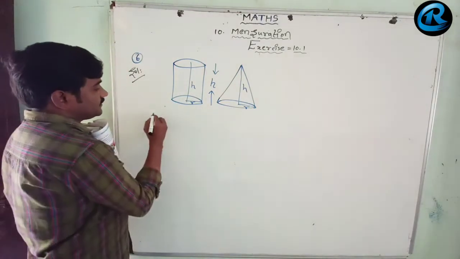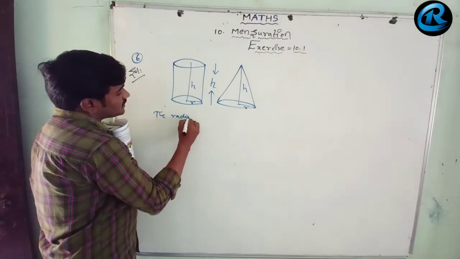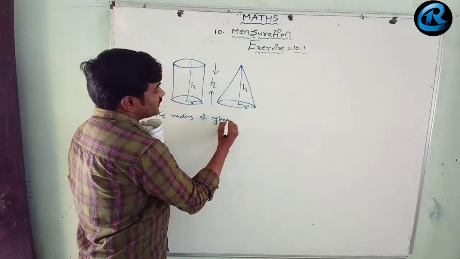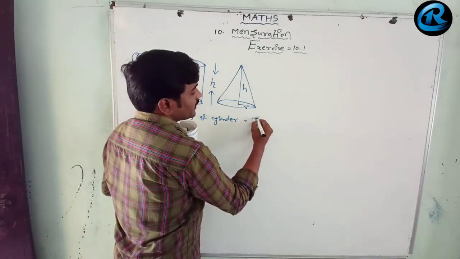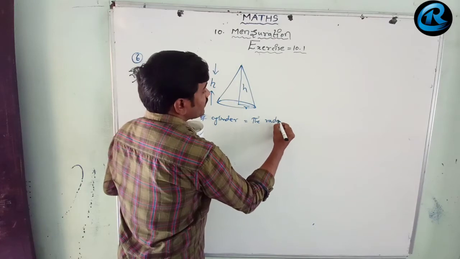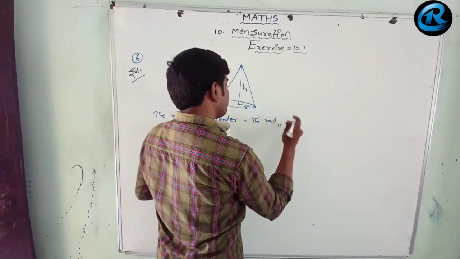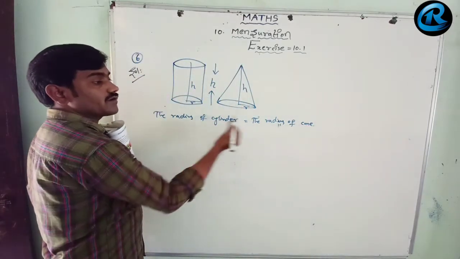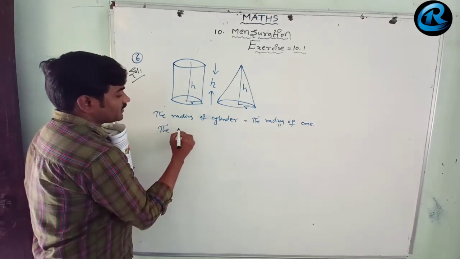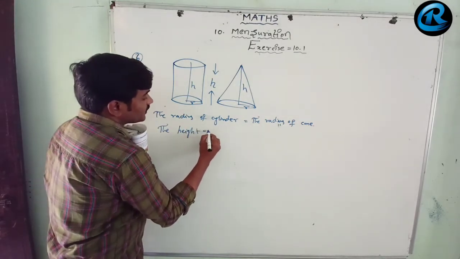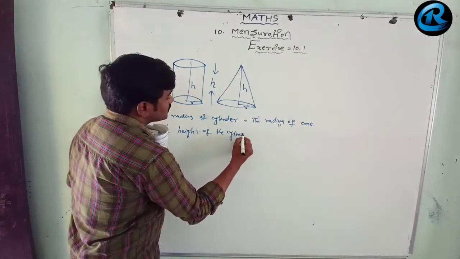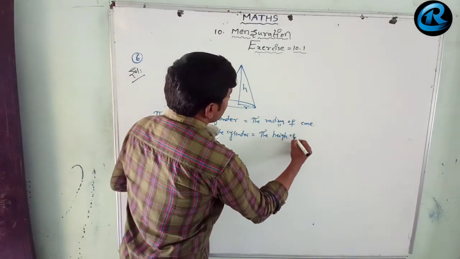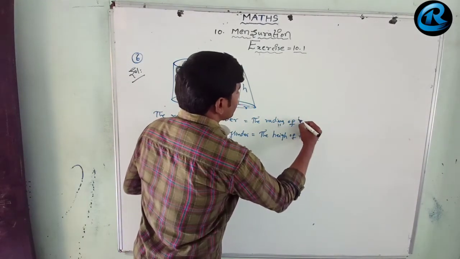So the radius of the cylinder is equal to the radius of the cone, and also the height of the cylinder is equal to the height of the cone.